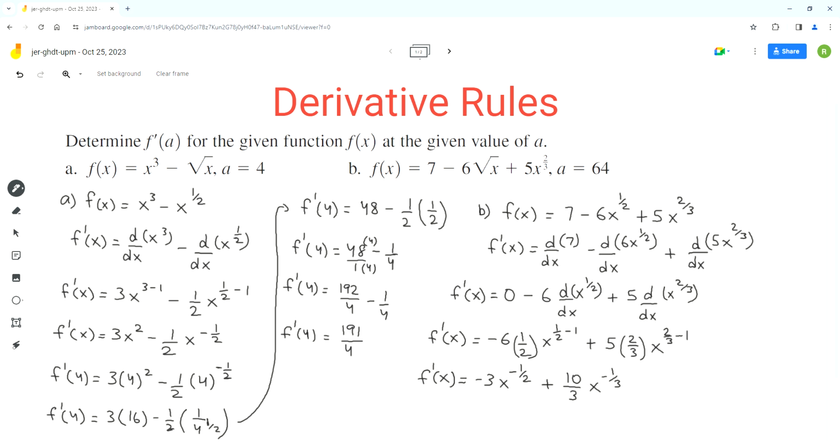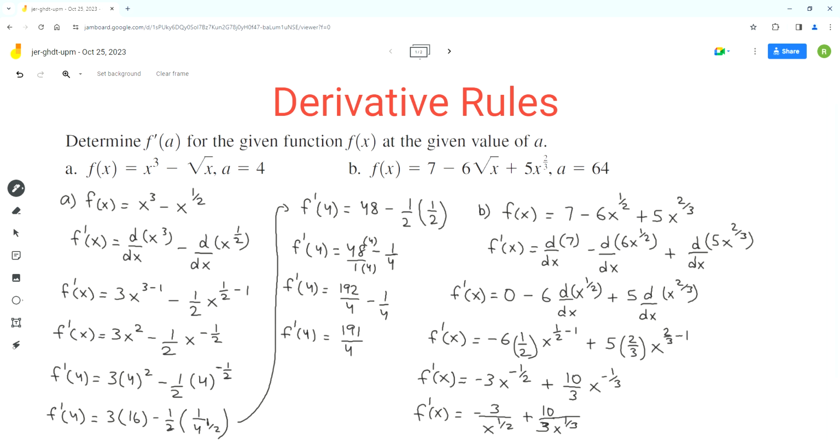Now we can move these x terms to the denominator to make the exponents positive. So prime of f at x equals negative 3 over x to the power half plus 10 over 3 x exponent 1 over 3.